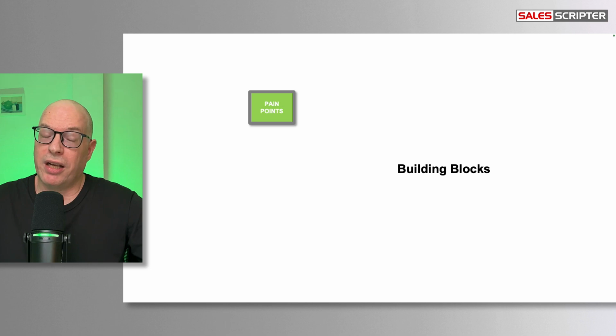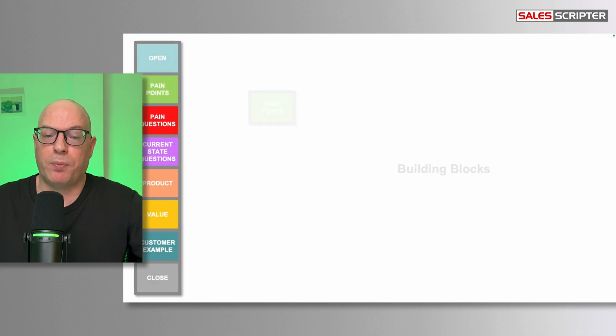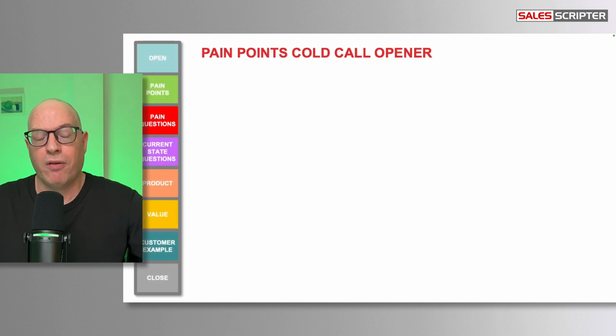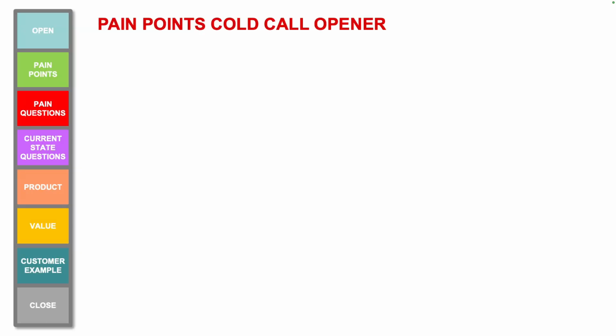Let me start by showing you where to talk about pain points. We're going to get good at getting the prospect to talk about their pain, but at certain points, we want to proactively talk about the pain we help to solve, and I'm going to show you where to do that. First of all, you could certainly use a pain points cold call opener. So this is opening the call with your pain points.